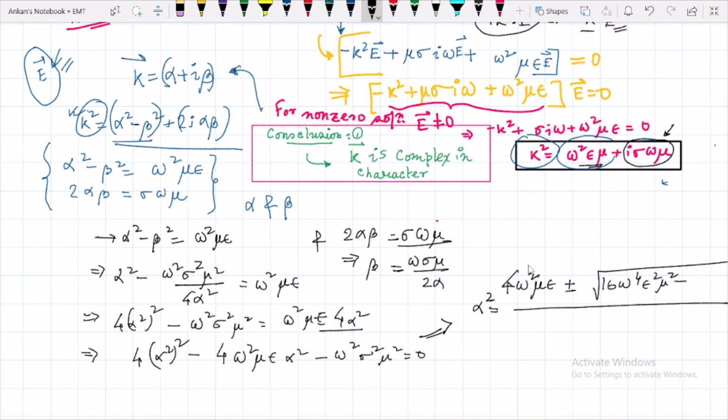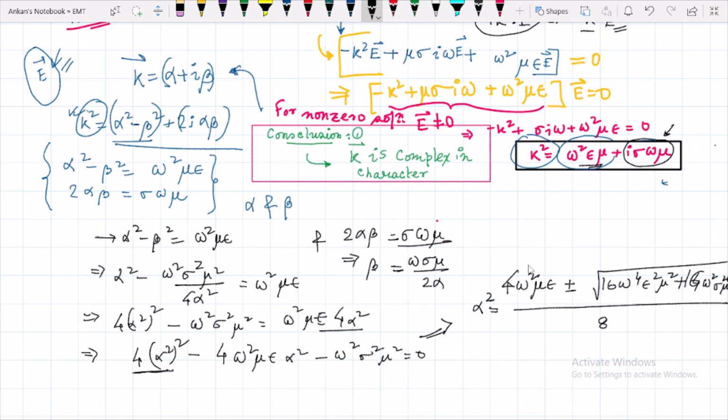Minus minus plus 4, a means 4, so 4 into 4 means 16, and c means omega square sigma square mu square, minus b plus minus root over b square minus 4ac divided by 2a. 2a means 2 into 4 means 8.